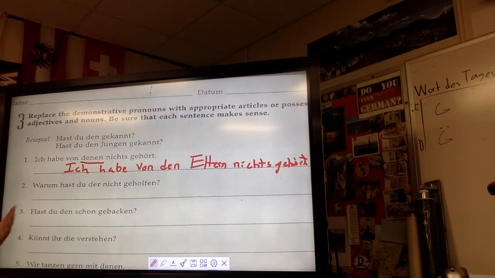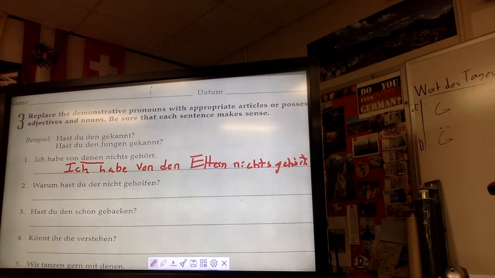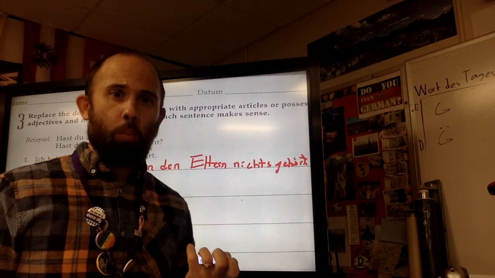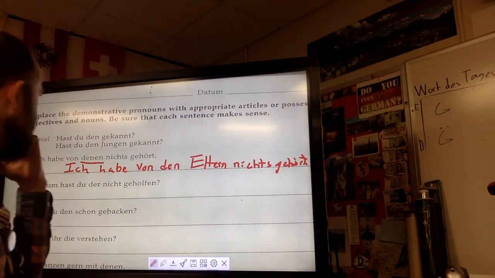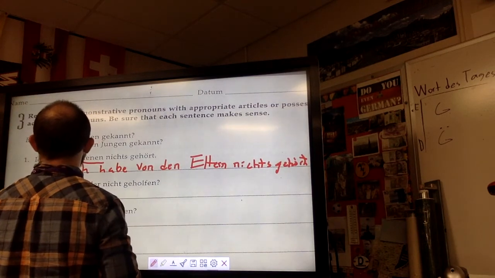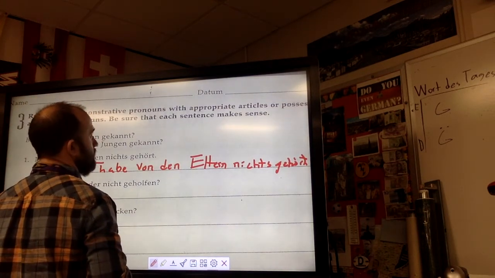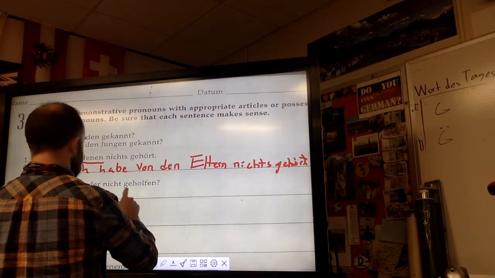What if we look at the next one? Warum hast du dir nicht geholfen? Warum hast du dir nicht geholfen? This der is going to be dative. Why? Because it's getting or receiving help. Helfen's a dative verb. So warum hast du dir nicht geholfen? Replace the demonstrative pronoun with appropriate articles or possessive adjectives and nouns.